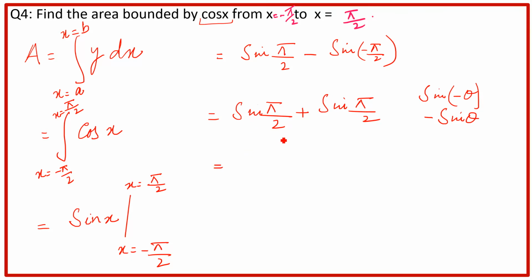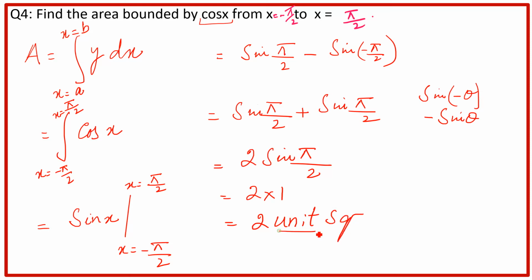So this is sine pi by 2, this is sine pi by 2. It means it is 2 sine pi by 2. And sine pi by 2 means sine of 90, which is equal to 1. So 2 unit square, whatever is the requirement. If it is centimeter, meter, millimeter, you have to write whatever it is, but here we do not have that, so we will write 2 unit square because we measure the area in square.